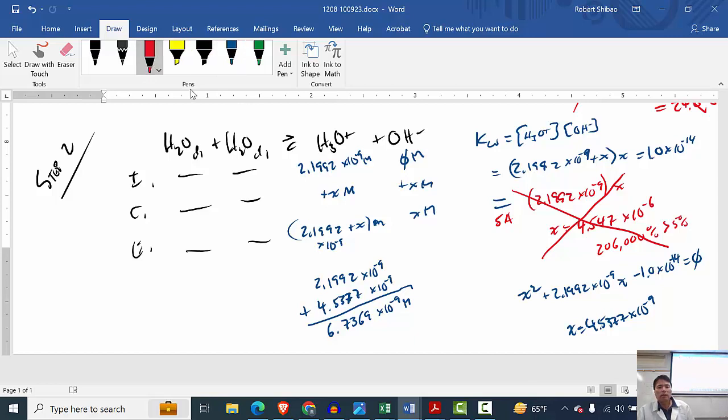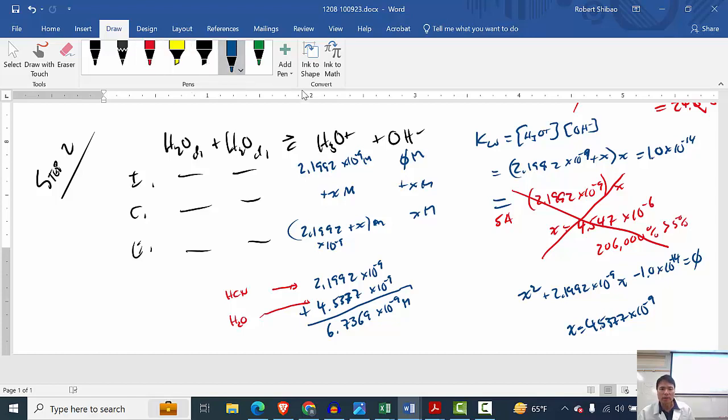So this is the amount that came from the HCN. This is the amount that comes from H2O. So which one contributed more hydronium according to this calculation? The water.